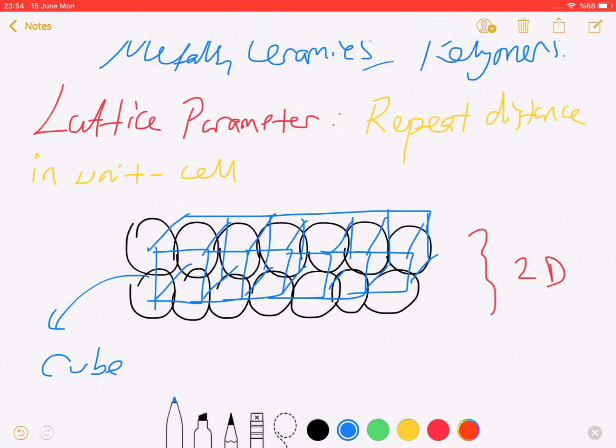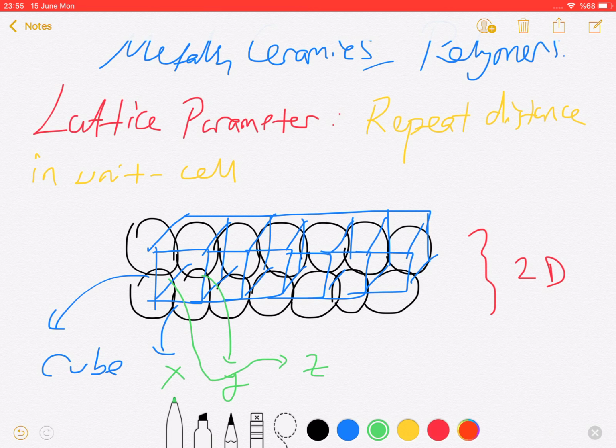So how is this related to the lattice parameter? Actually, the lattice parameter gives this three-dimensionality. Lattice parameter is this distance x, this y, and this z.